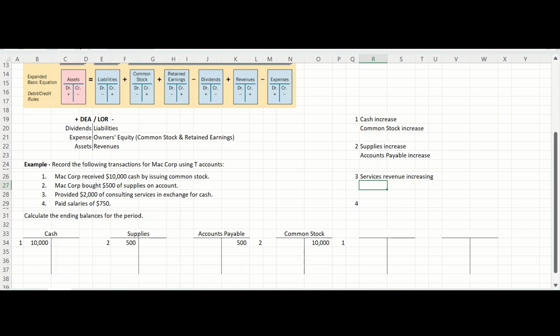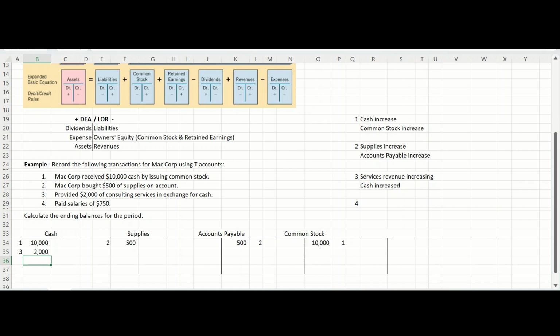And the services were provided in exchange for cash. So cash is received, so cash is increased. So let's go with the account we already have here. Cash is being increased. We know that cash is an asset account. Assets are increased with debits. So we'll have a $2,000 debit to the cash account.